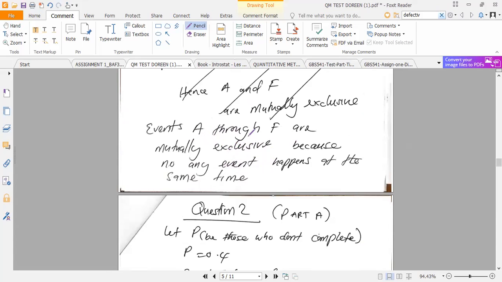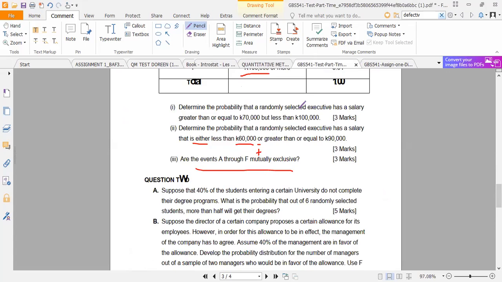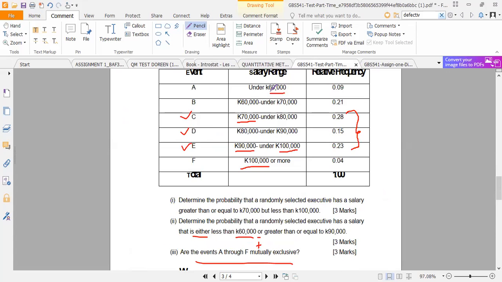You cannot be at a salary of less than 100 and at 67 at the same time. So they don't intersect. You can't be in two salary grades, even from a practical perspective. So A through F are all mutually exclusive. Mutually exclusive means they have nothing in common, no intersecting point. Is that okay?